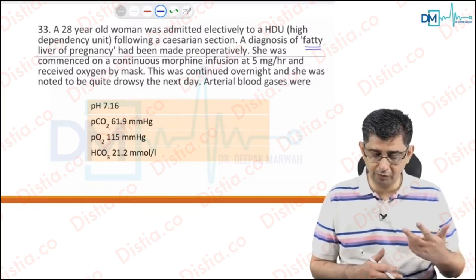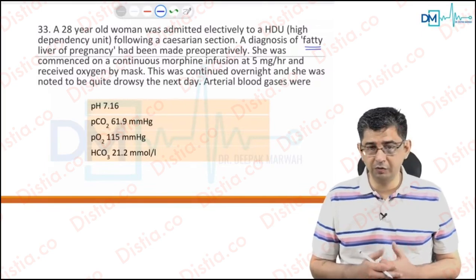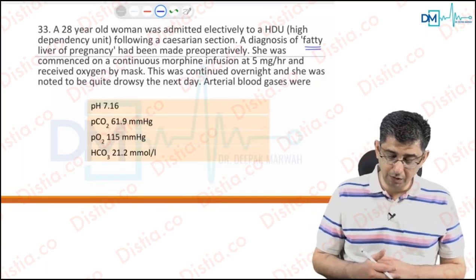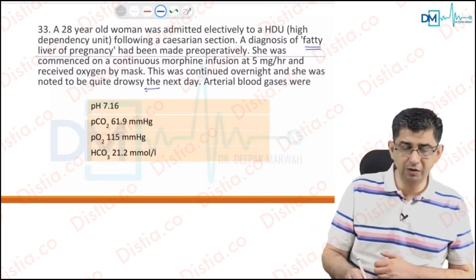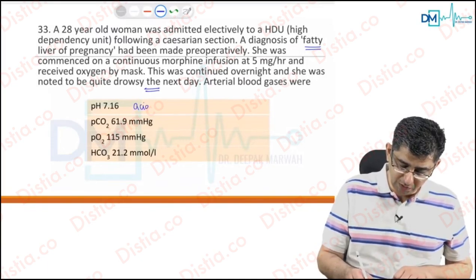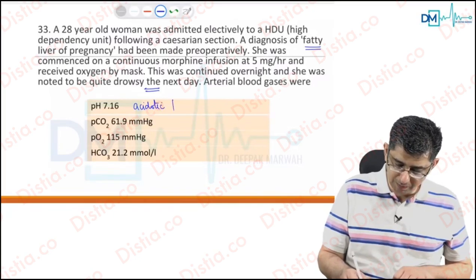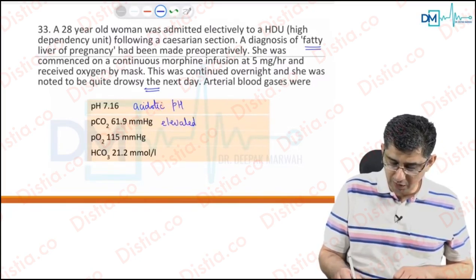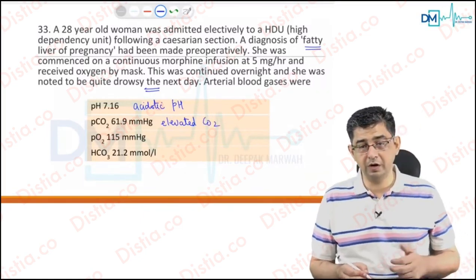Since she is post-operative, with post-operative pain and right upper quadrant discomfort, you can give a morphine infusion. Well, she's very drowsy the next day, which itself is telling you there's a respiratory acidosis developing in the patient. This patient has an acidotic pH. There is an elevated CO2 in the patient. That explains that this could be due to a respiratory etiology.